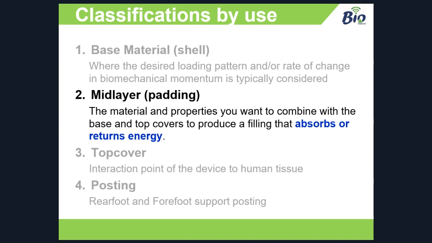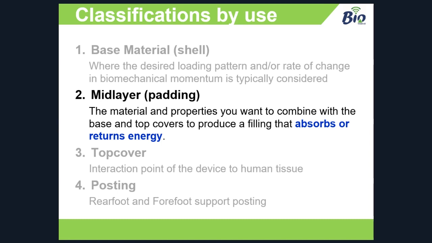We're at the mid layer padding stage. I consider the mid layer to be those things that you want to combine between the base and the top cover to produce something that fills a space, and/or sits in a space, and/or doesn't fill a space. You want it to be as low profile as possible, but in a very basic sense, you want it to absorb, return, or dissipate energy and move it in some way.